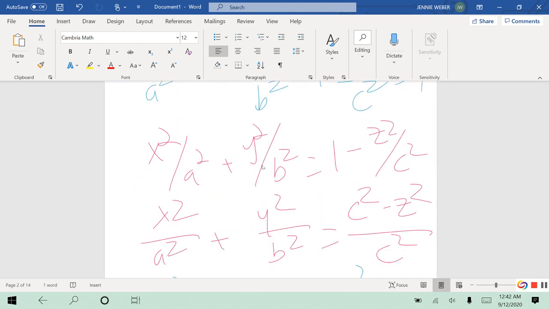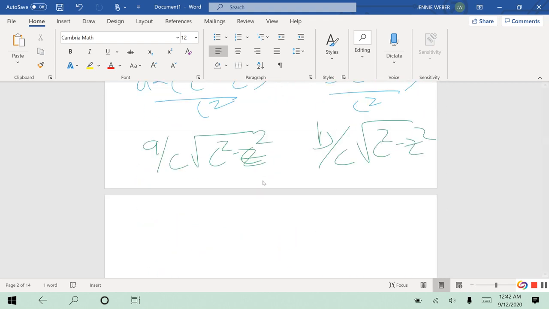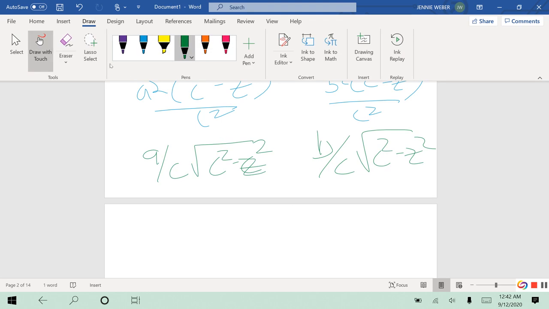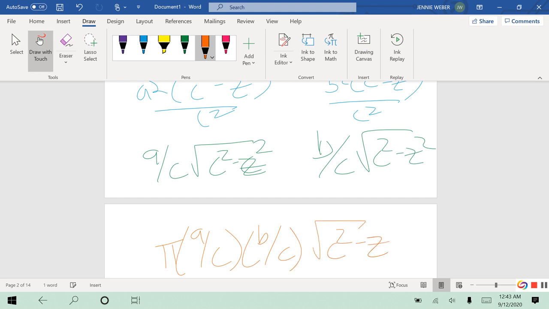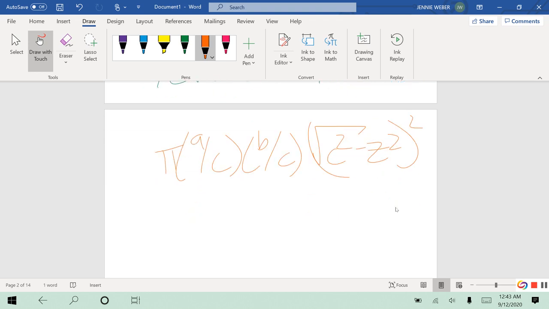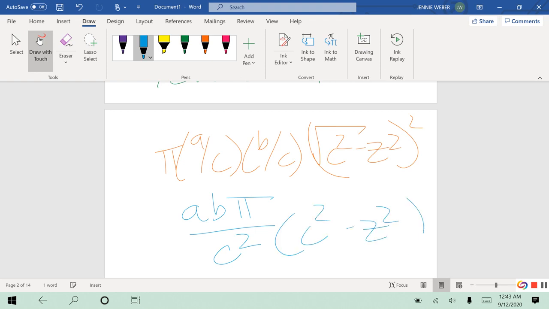So then when I go and I multiply them through here, per my formula, I have pi ac bc, and then I have my two c squared minus z squareds because there's 2 of them. So this is going to simplify to, let's see here, I have ab pi over c squared times c squared minus z squared.